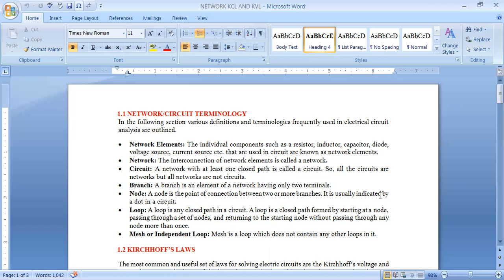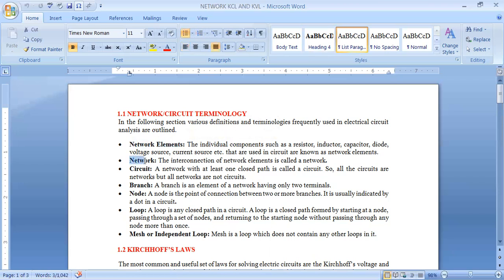Active elements are, for example, the voltage source and current source. Passive elements are resistance, inductor, and capacitors. Active and passive elements are network elements.